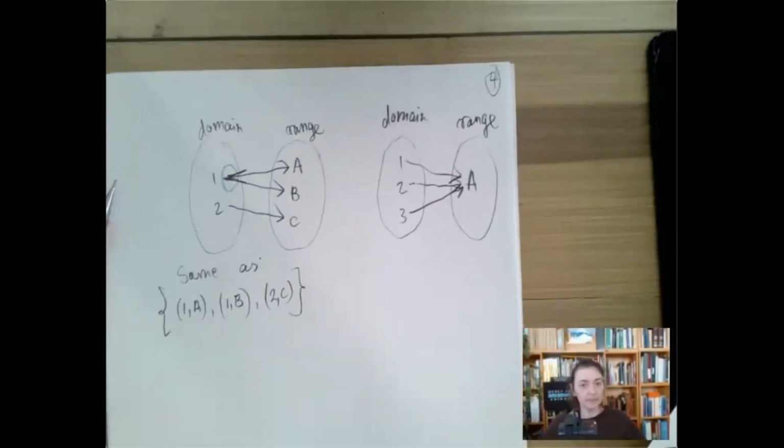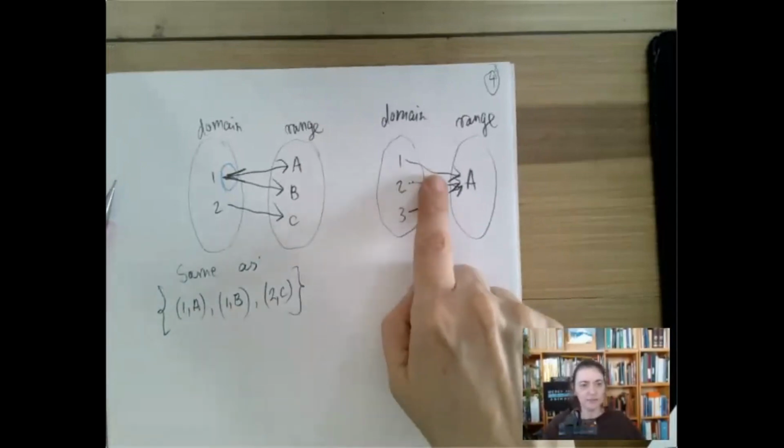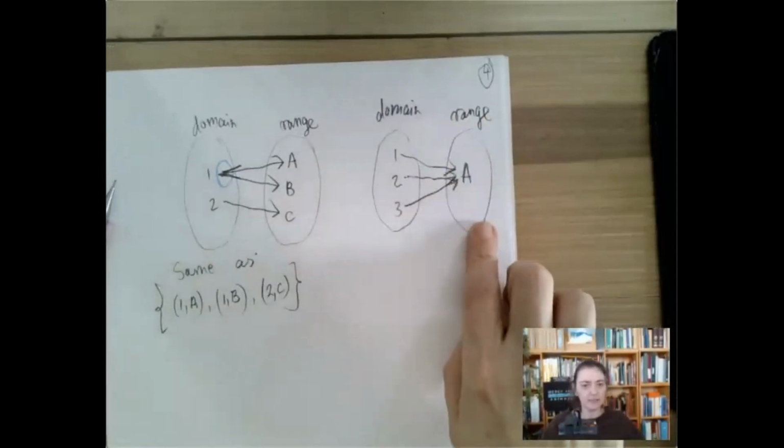It's a boring one, but it's a function. It's a constant function. That's what it is, because from each number in the domain, just one thing comes out. This branching is okay.